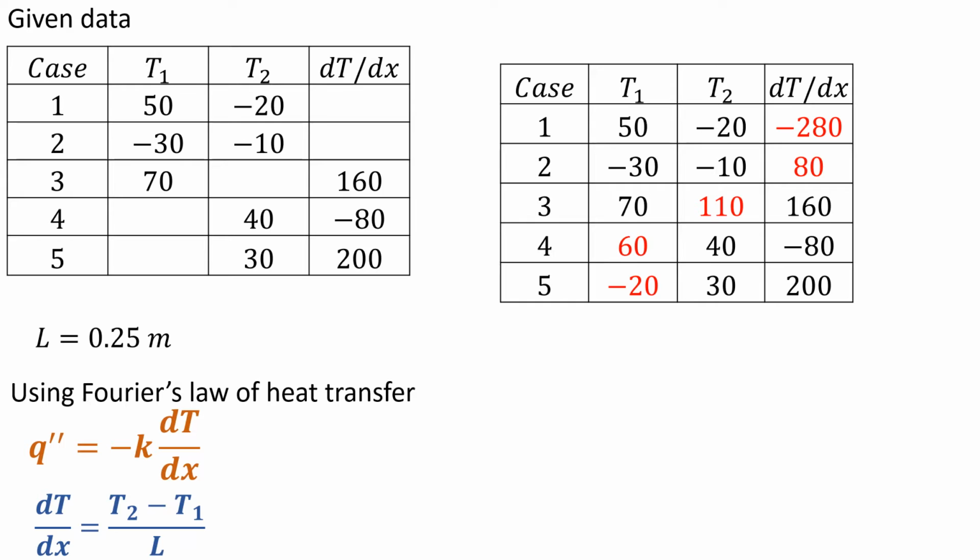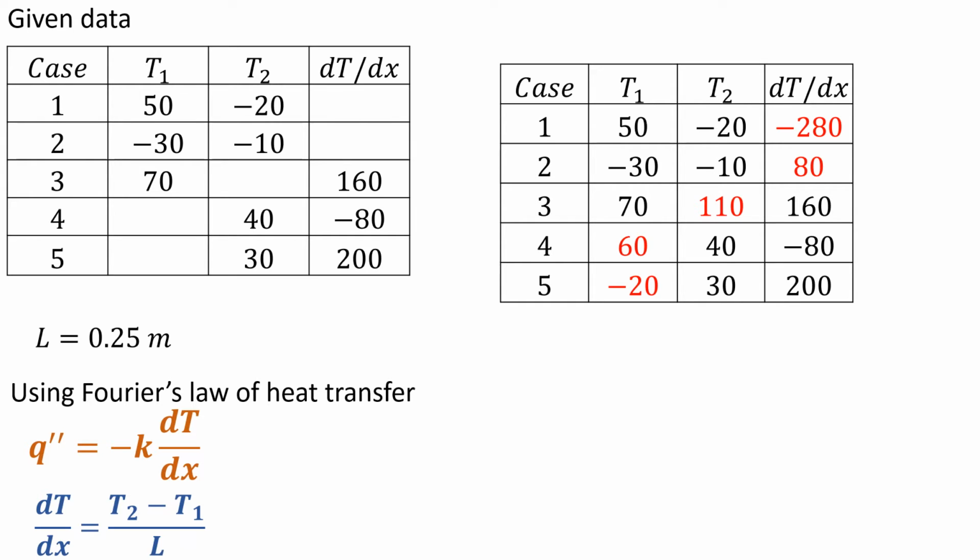Then for case 3, I have rearranged the equation dt by dx equal to T2 minus T1 over L for T2, because in case 3 T2 is unknown. So when I rearrange this equation and substitute the values T1 equal to 70, dt by dx equal to 160 and L equal to 0.25, T2 comes out to be 110 degrees centigrade.